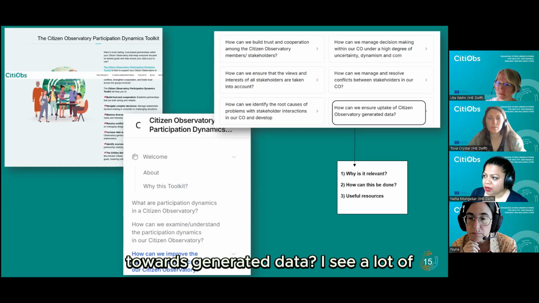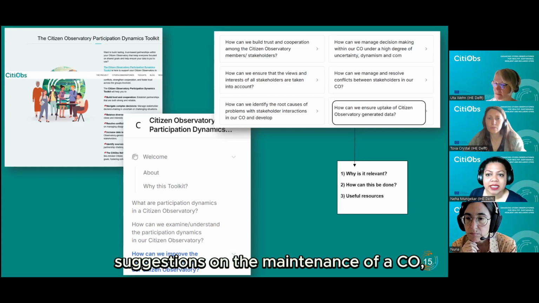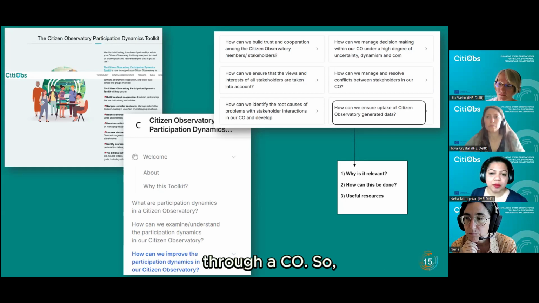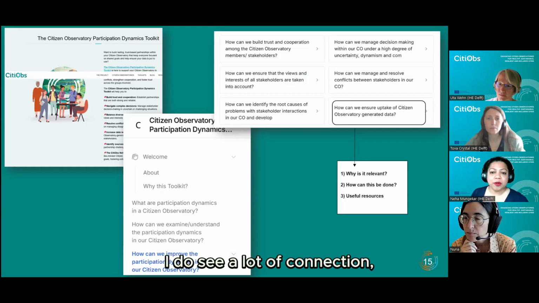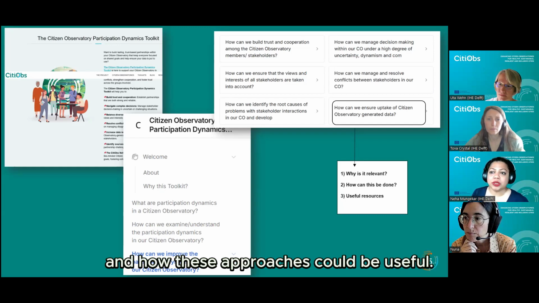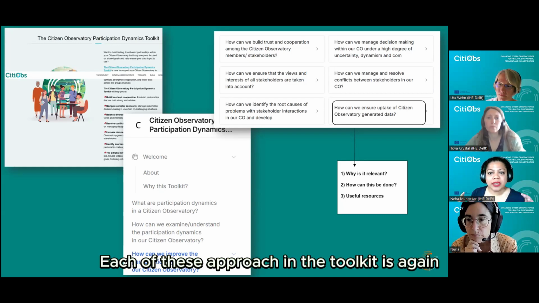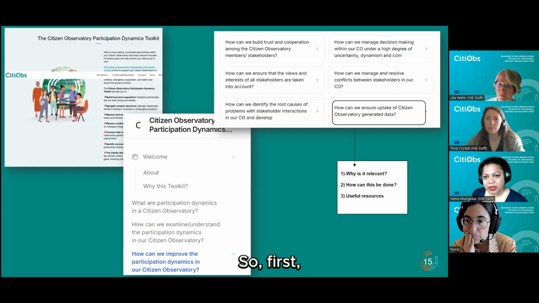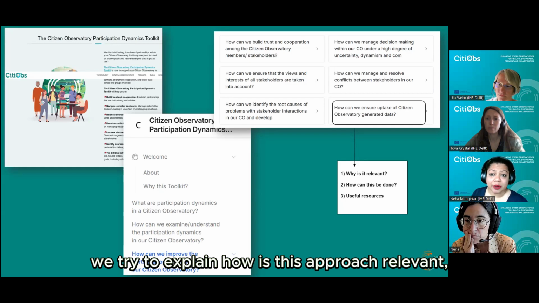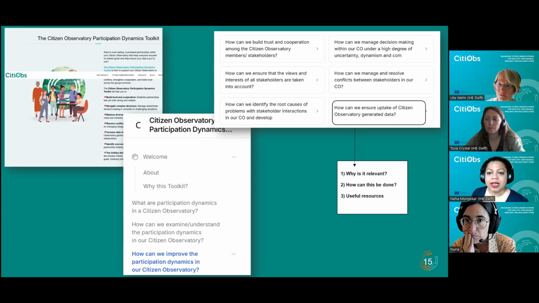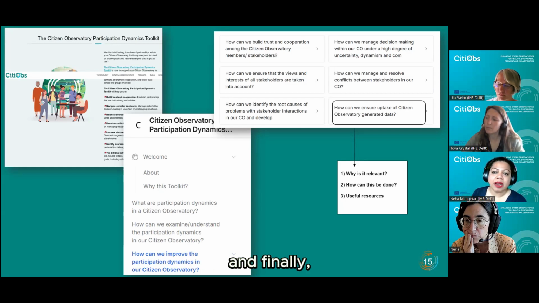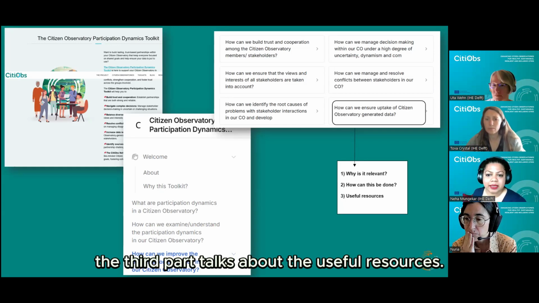I see a lot of suggestions on the maintenance of a CO and the credibility of data collected through a CO. So I do see a lot of connection and how these approaches could be useful. Each of these approaches in the toolkit is further divided into three parts. First we try to explain how this approach is relevant. Then how this can be done, how this can be detailed out. And finally, the third part talks about the useful resources.